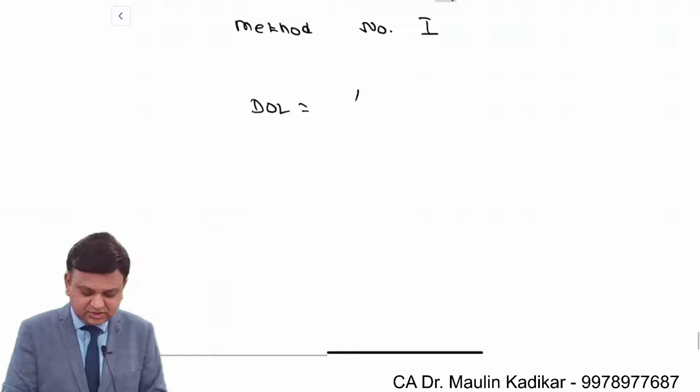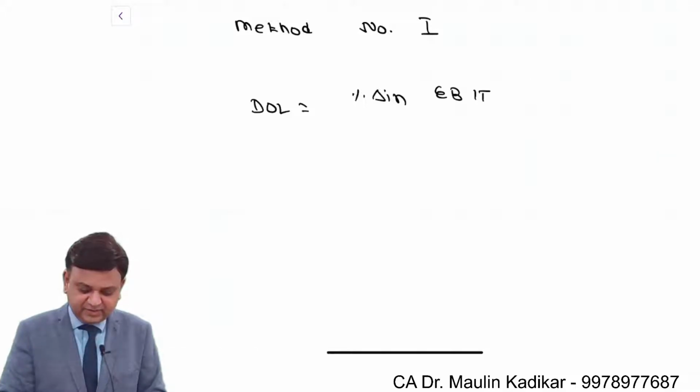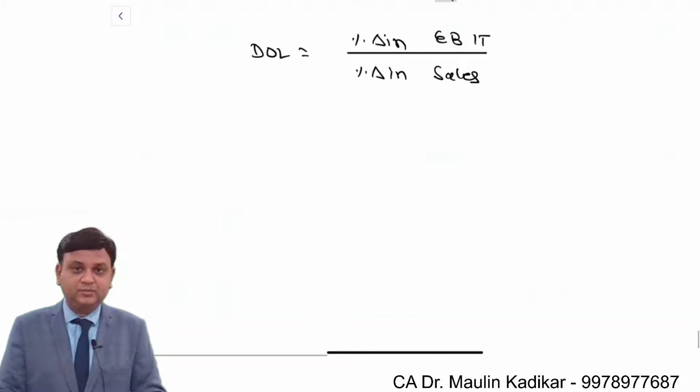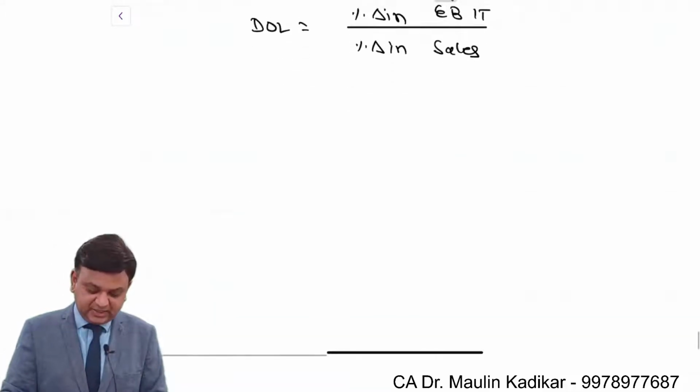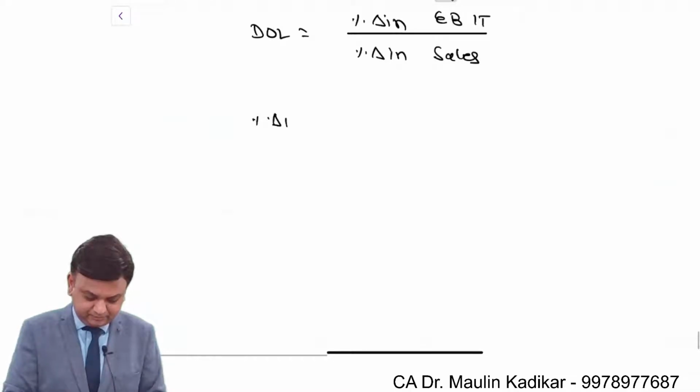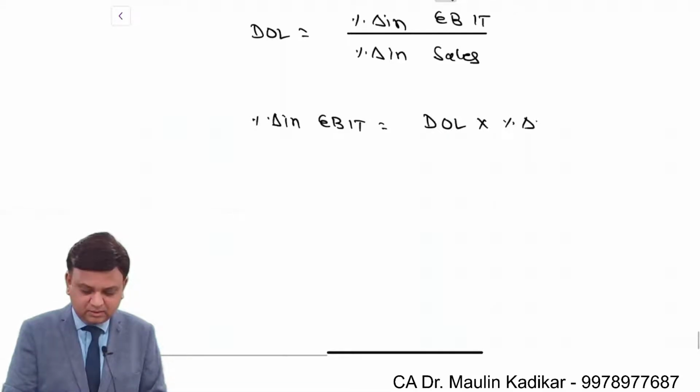DOL measures percentage change in EBIT for every 1% change in sales. So percentage change in EBIT is equal to DOL into percentage change in sales.